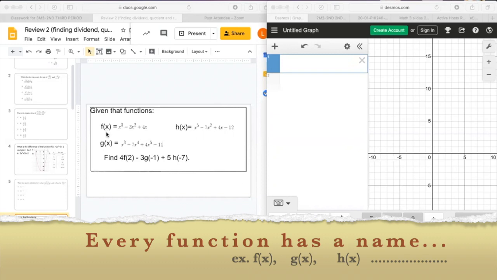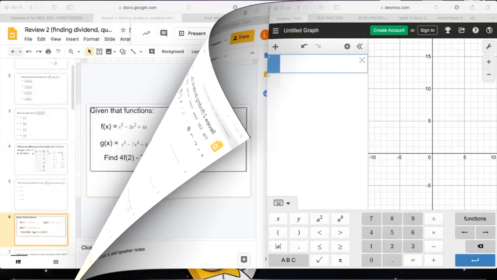The same thing here with the second function. The name of x cubed minus 4x to the fourth plus 5x to the fifth power minus 11 is g of x. As well as the third, which is here, the name of this expression is h of x. So all of these form the functions.